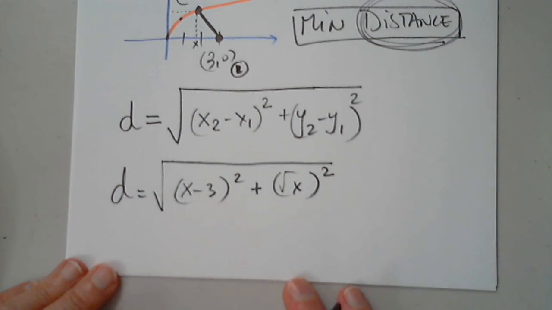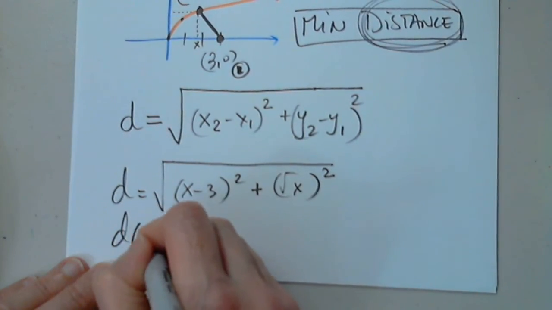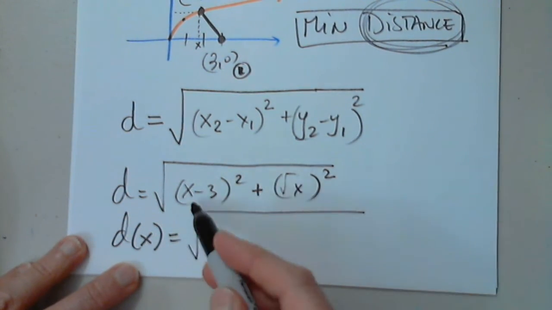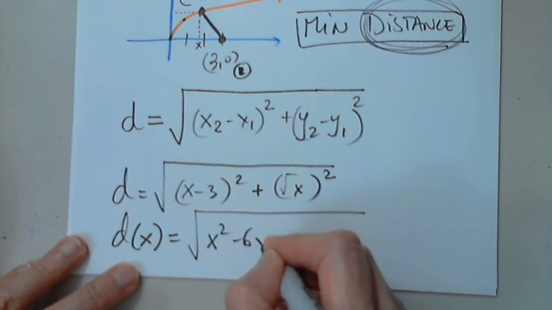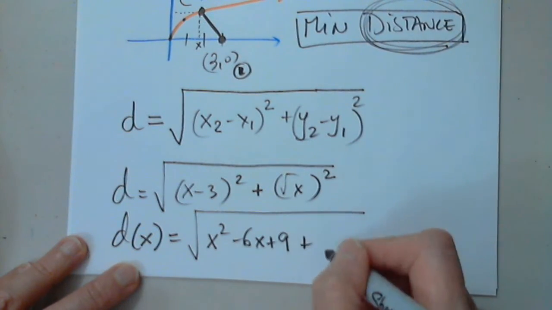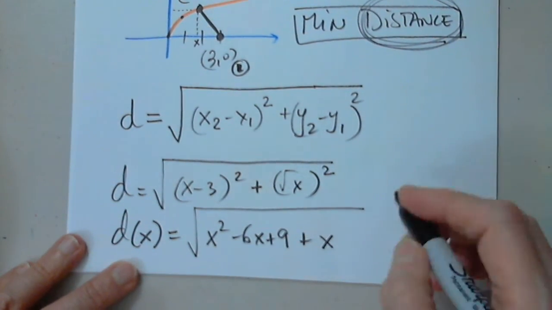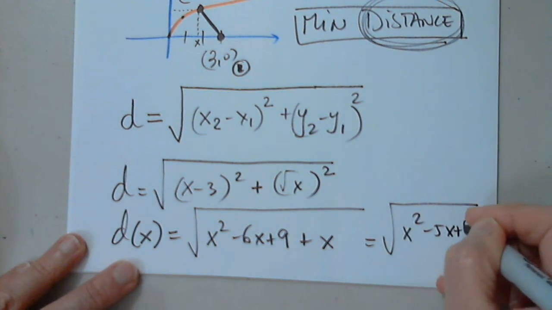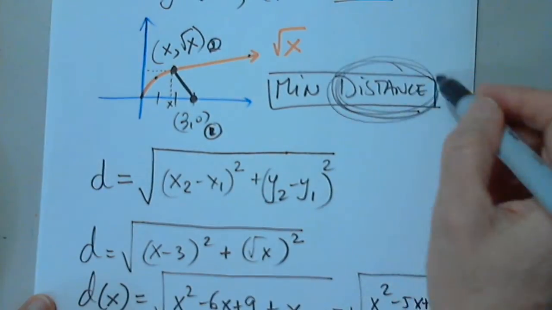Exactly. Awesome. That's it. So now I know d is a function of x, and this is the square root of x squared minus 6x plus 9 plus x, which is the square root of x squared minus 5x plus 9. I have the distance.